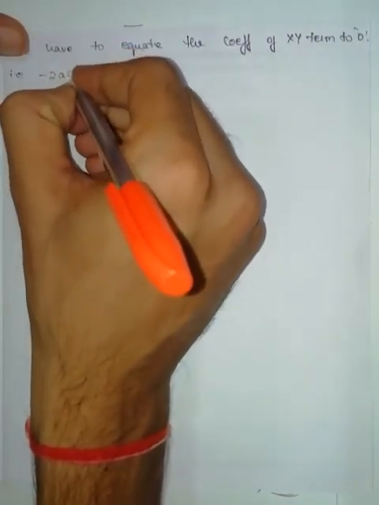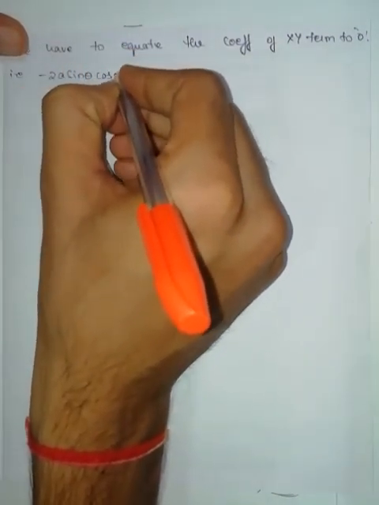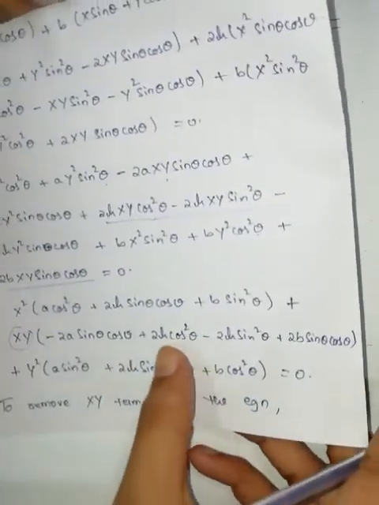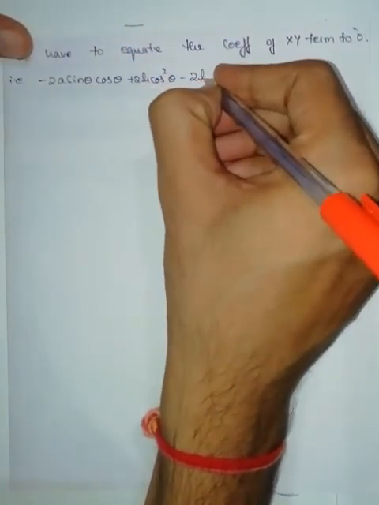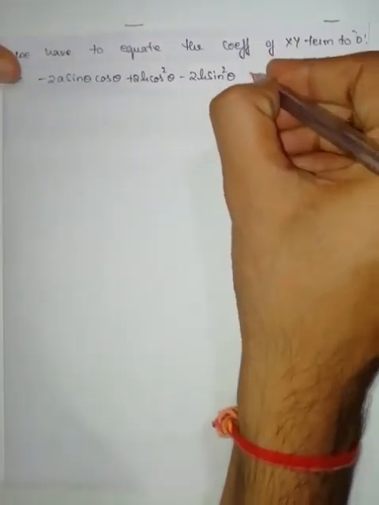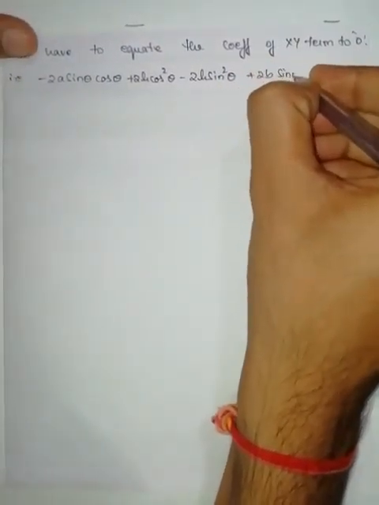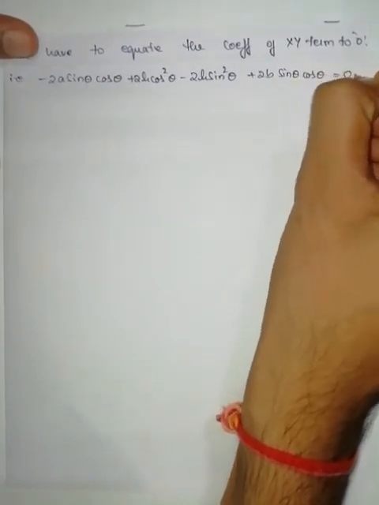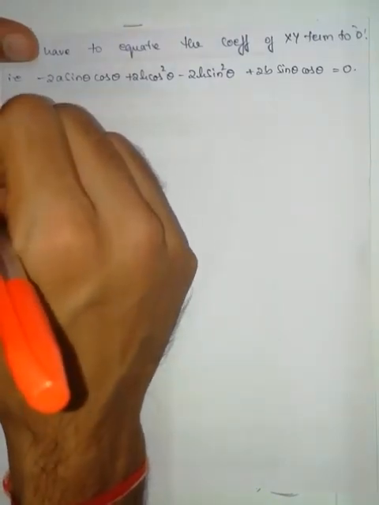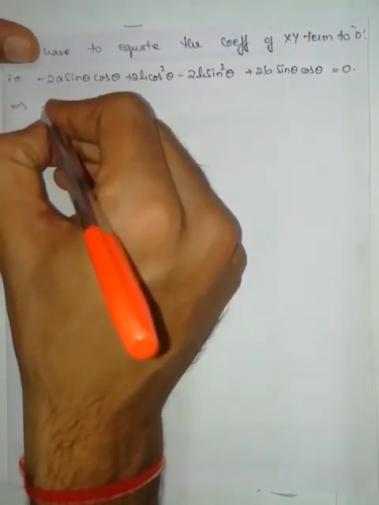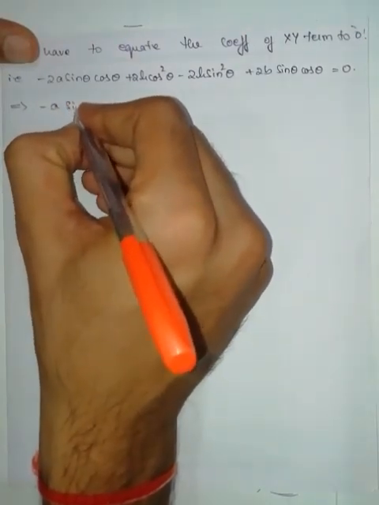Minus 2a sin theta cos theta, 2h cos square theta minus 2h sin square theta plus 2b sin theta cos theta is equal to 0. This implies this one is minus a sin 2 theta.